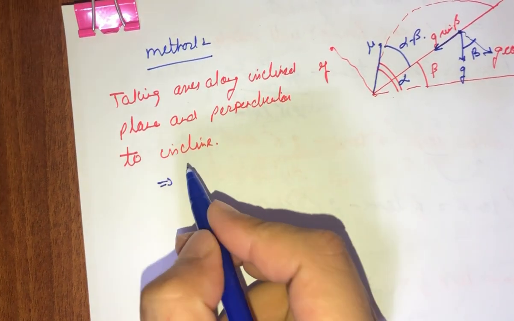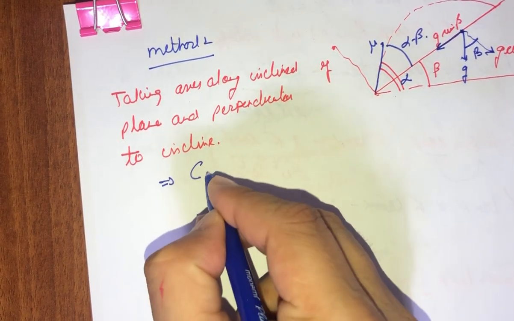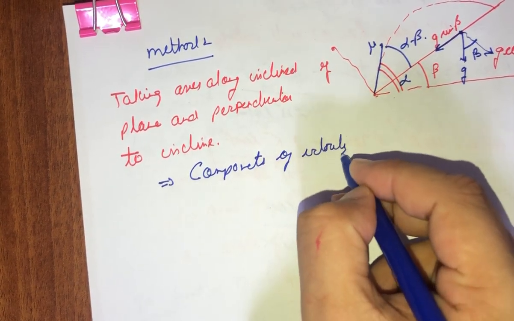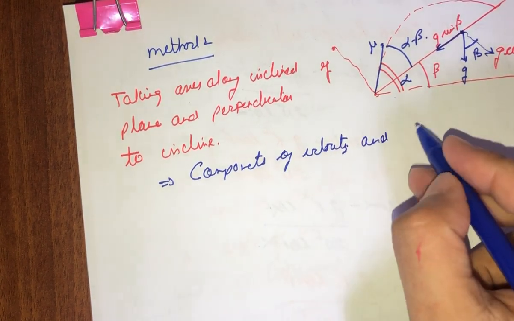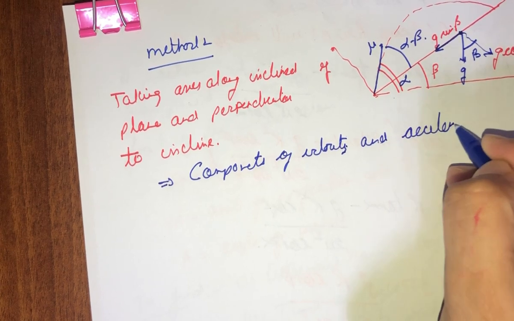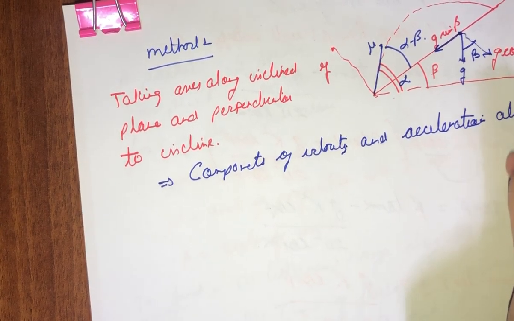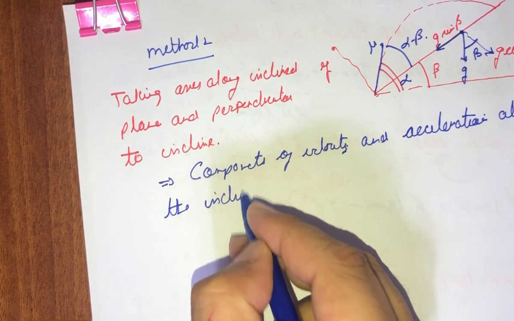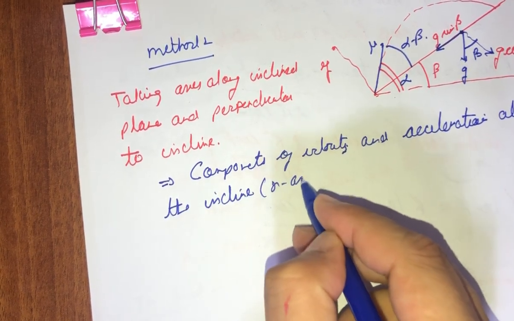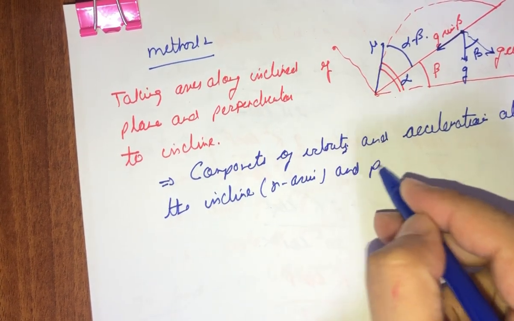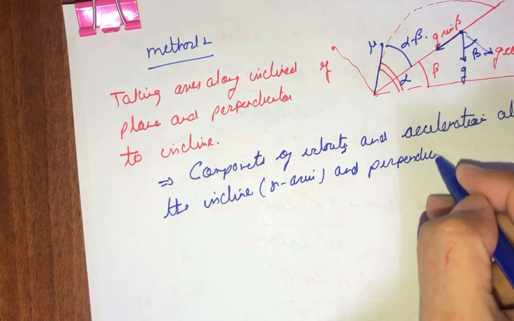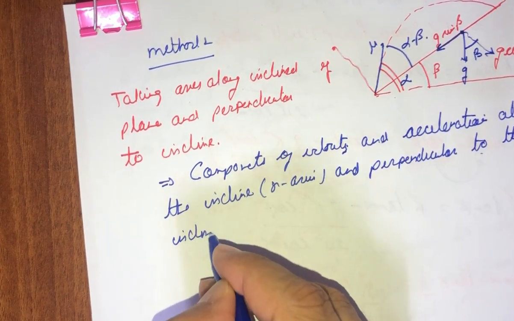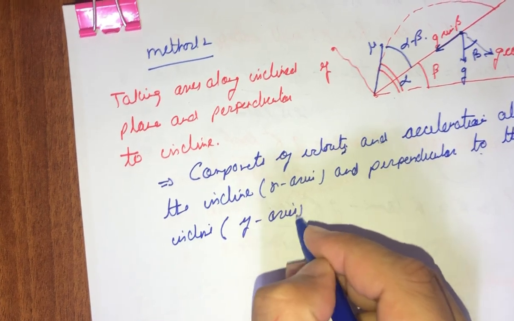This means that components of velocity and acceleration along the incline means x-axis, and perpendicular to the incline. Perpendicular to incline means y-axis.